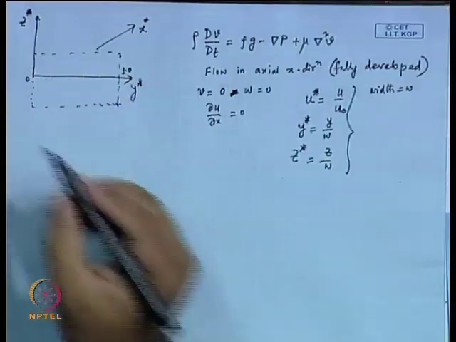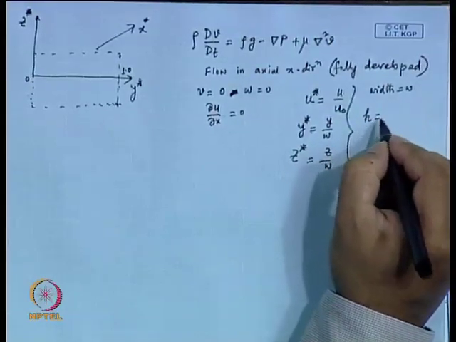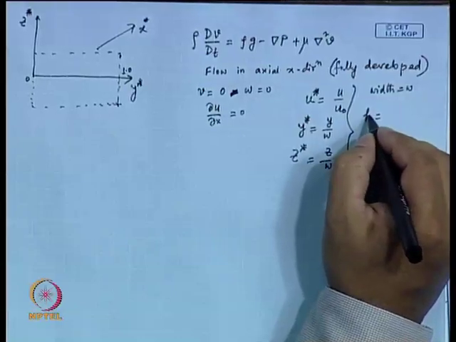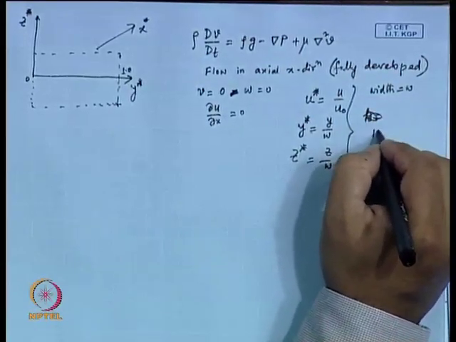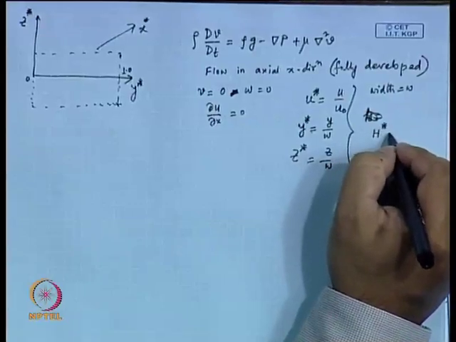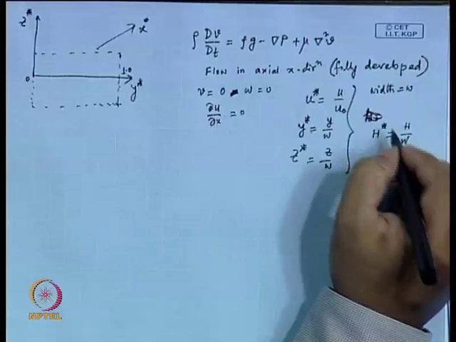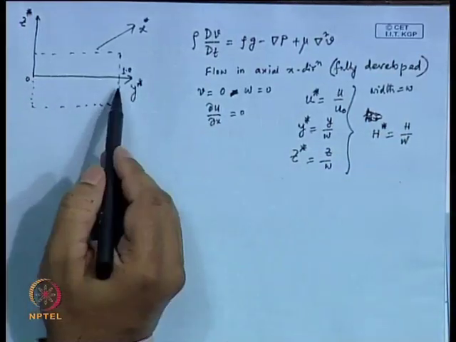This is the height. So, if we write the height h as another dimensionless parameter, let us say I write h star is equal to h by W. So, everything we are making dimensionless with reference to W only. W is the width in this direction.